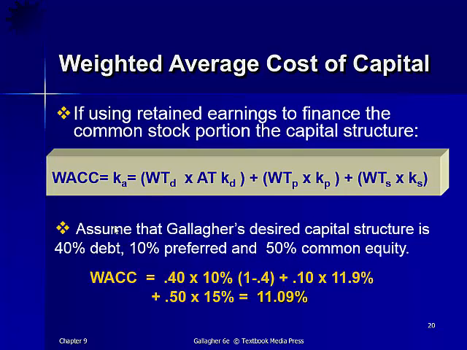You can see that 40% of our funds are costing us 6% on an after-tax basis, that's our after-tax cost of debt times the weight of debt, and 10% of our funds are costing us 11.9%. This is our cost of preferred stock, and half of our funds are costing us 15%. This is our cost of equity. Then on average, our funds are costing us 11.09%.